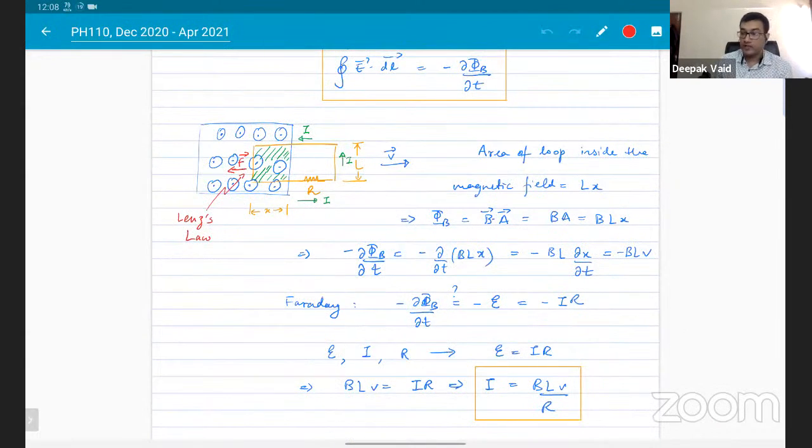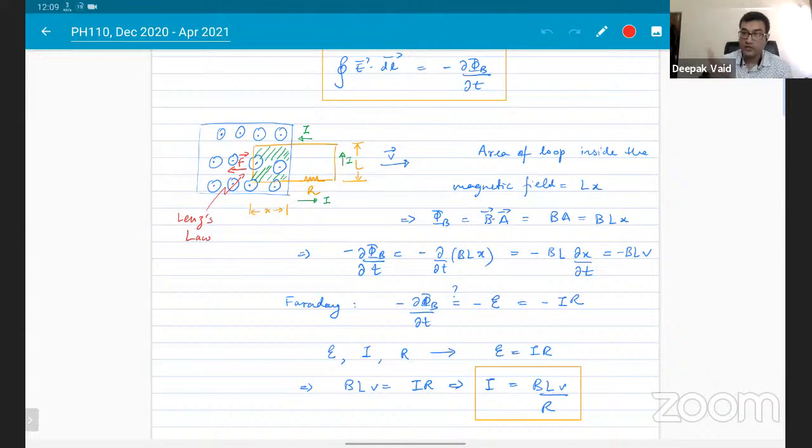And how do you describe the action of Faraday's law? You say that if there is a magnetic field that is changing in the perpendicular direction, that will create a circulating electric field in the plane which is parallel to that perpendicular direction.